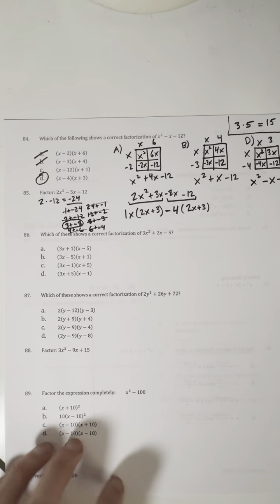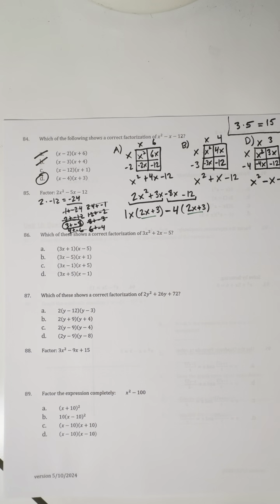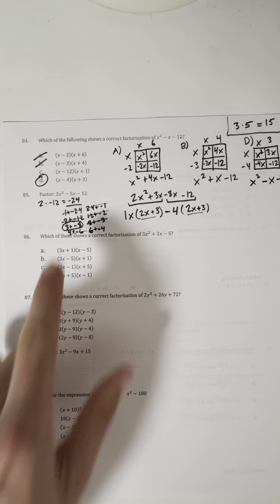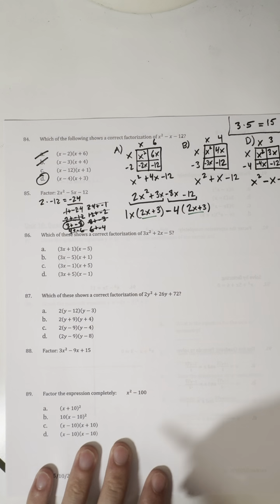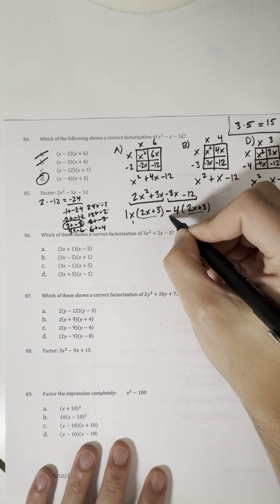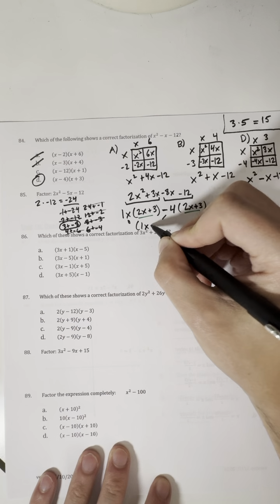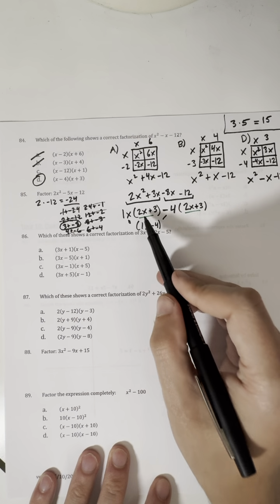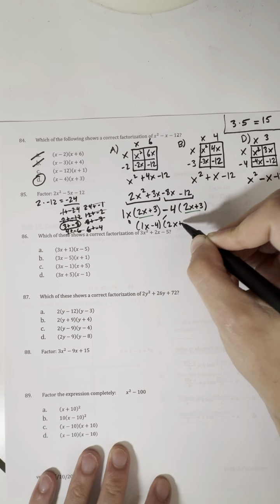Now notice, this should always happen. 2x plus 3 and 2x plus 3 match each other. If you did it right, if you picked the right pair over here, that should happen every single time. And what that means is we can just take the outside bits, so the 1x minus 4, and we can put them in parentheses. And then we can take the 2x plus 3 that shows up twice and put that in parentheses.